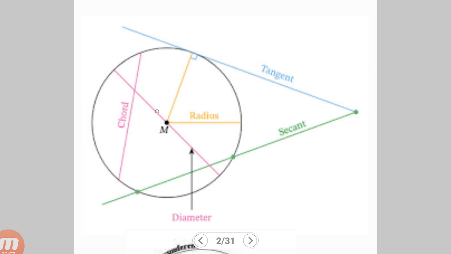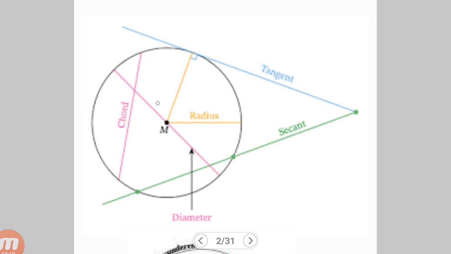All right, now the chord, as you can see here, doesn't go through the center, right? It just pretty much is a line that is drawn anywhere within the boundaries of the circle, and as long as any two edges of that line touch the circumference, then that line is regarded as a chord.